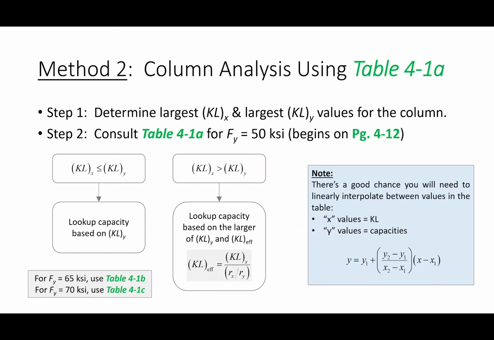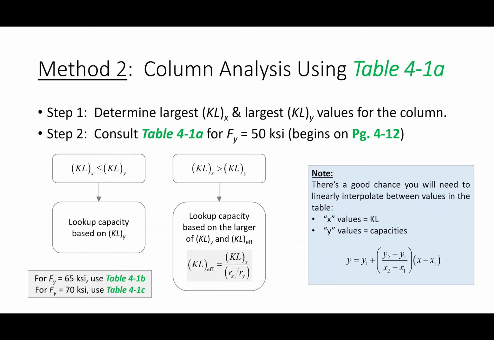So I want to introduce that today. The way that method 2 works is using table 4.1. Now we're going to use 4.1a because that's for 50 KSI. Nothing changes if you have a higher grade, just a different table. What we're going to do is determine the largest KLX and the largest KLY for a column.